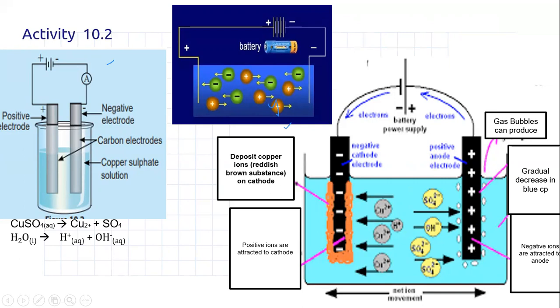And also you can see a gradual decrease in the blue color of the copper sulfate solution. Why does this happen? Since all these ions move towards the opposite terminals, there will be a reduction in the ions. So obviously there will be a decrease in color.